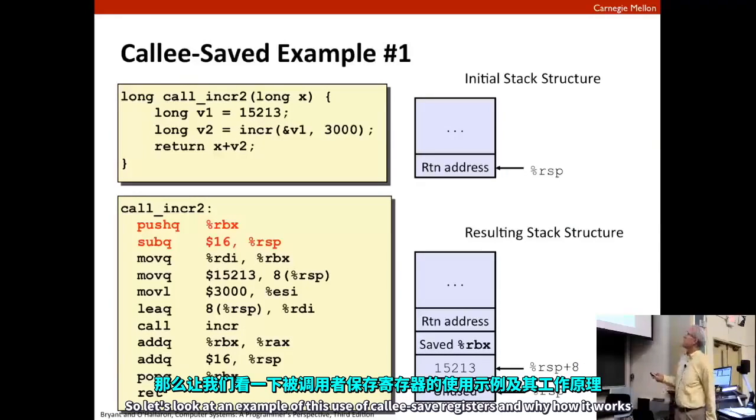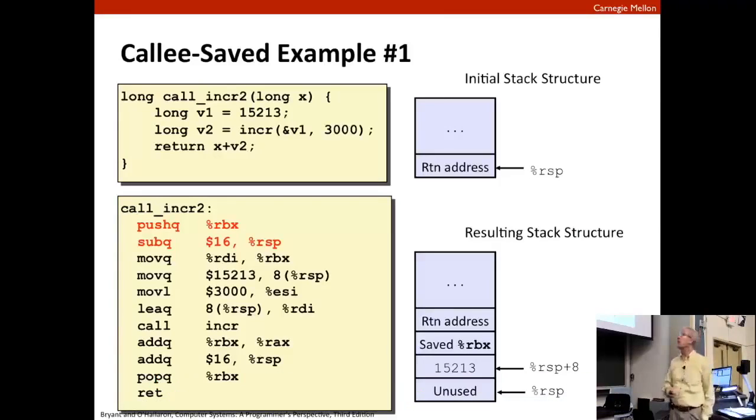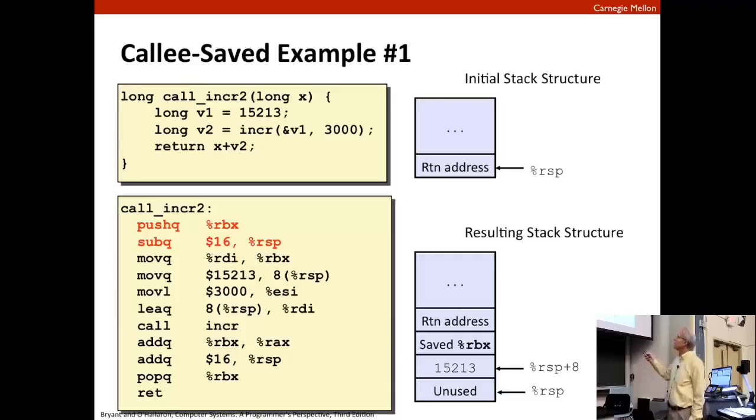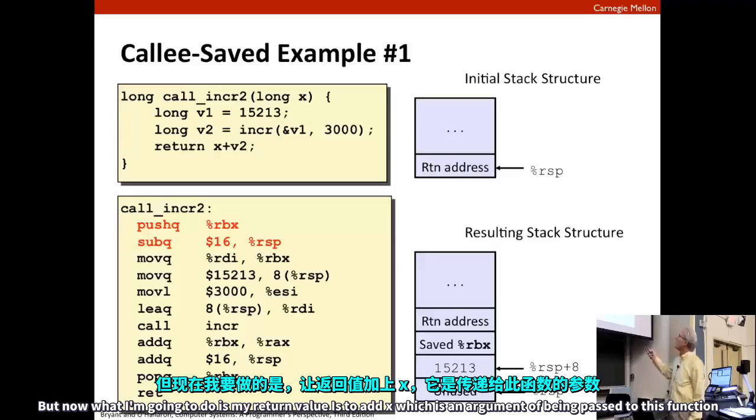So let's look at an example of the use of callee save registers and how it works. I'll do it with a version of a function similar to what we did before. But now, as my return value, I'm going to add x, which is an argument being passed to this function.